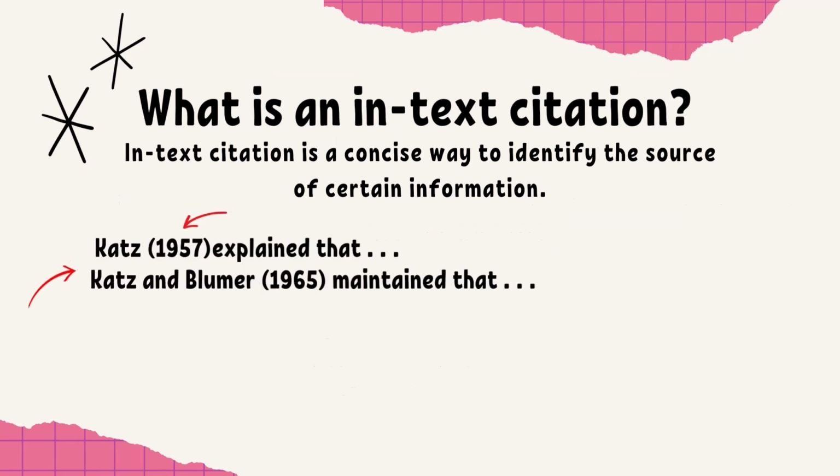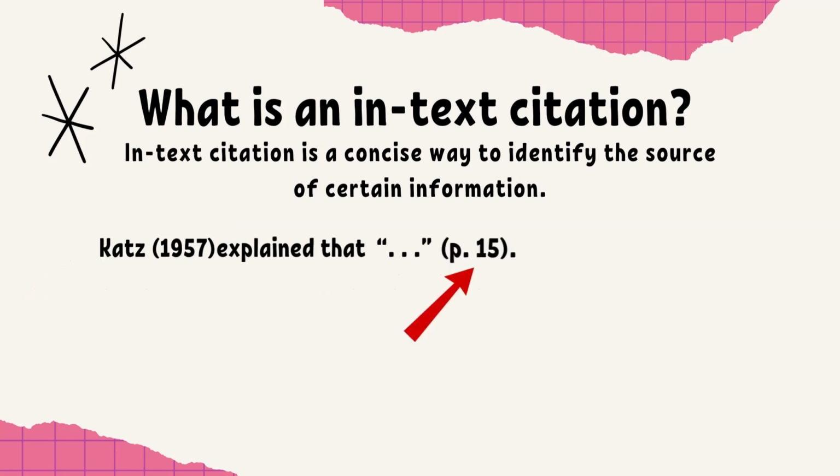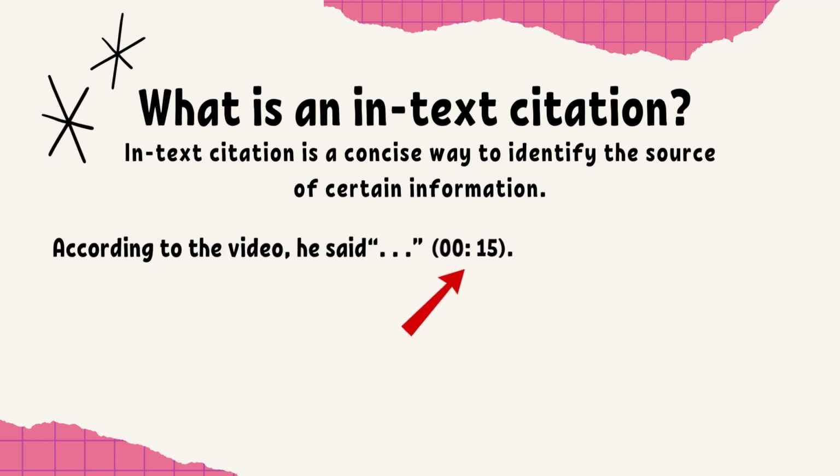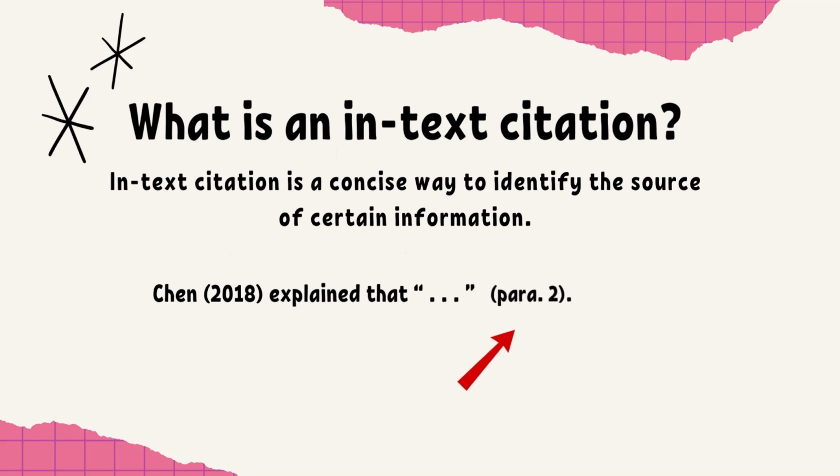The in-text citation consists of the author's last name and the publication year, and usually the page number for a book, a journal, or other published material. For videos, use a timestamp, and for web pages, you may use a paragraph number or heading when the page number is not available.